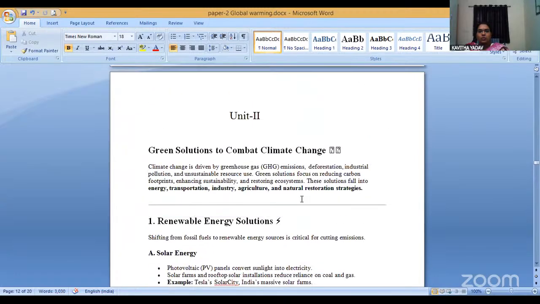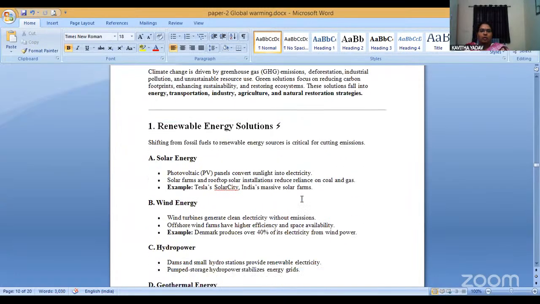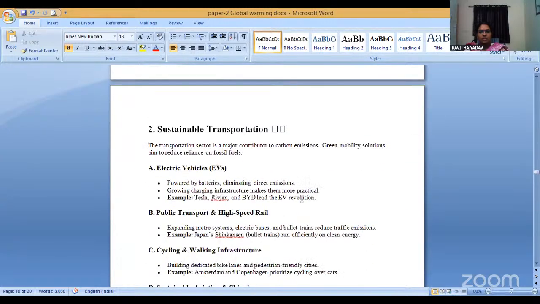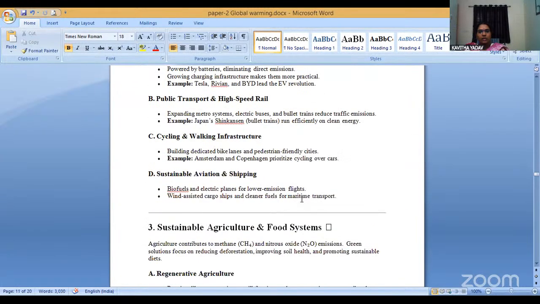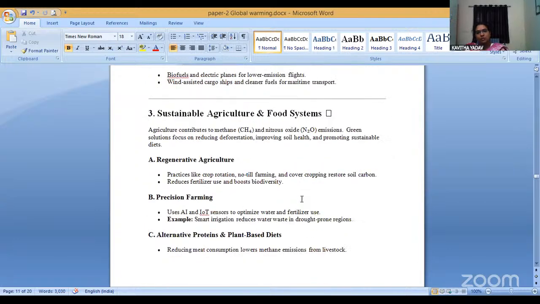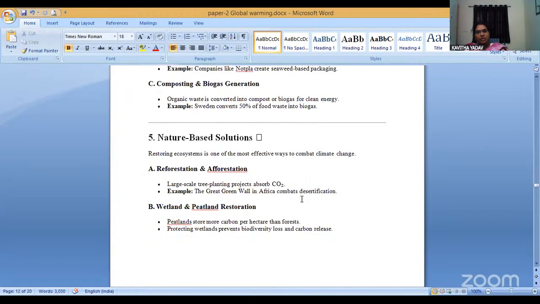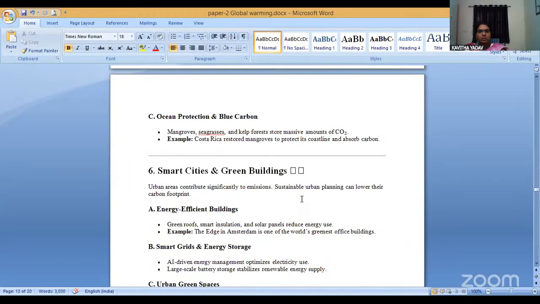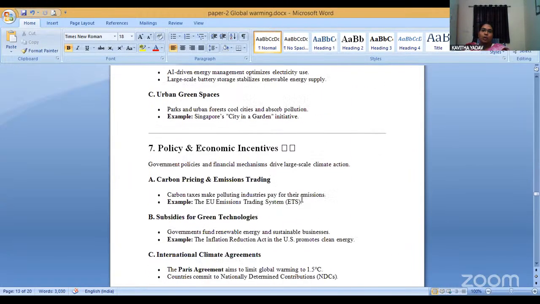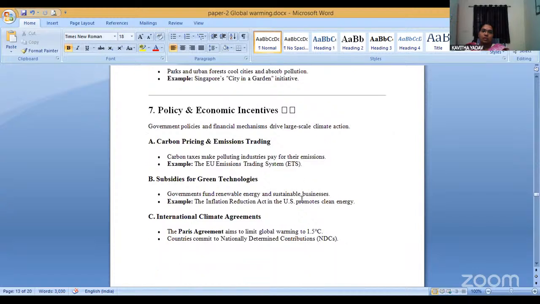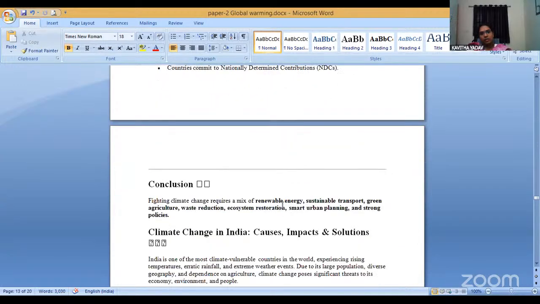Because in these two chapters: renewable energy resources, sustainable transport, public transport, cycling, and sustainable agricultural food systems, then the circular economy and waste reduction, nature-based solutions, smart cities, green buildings, policy and economic incentives, all the things that we discussed. Some are very difficult, but these are new to us. That's why I discussed each and every topic very clearly.